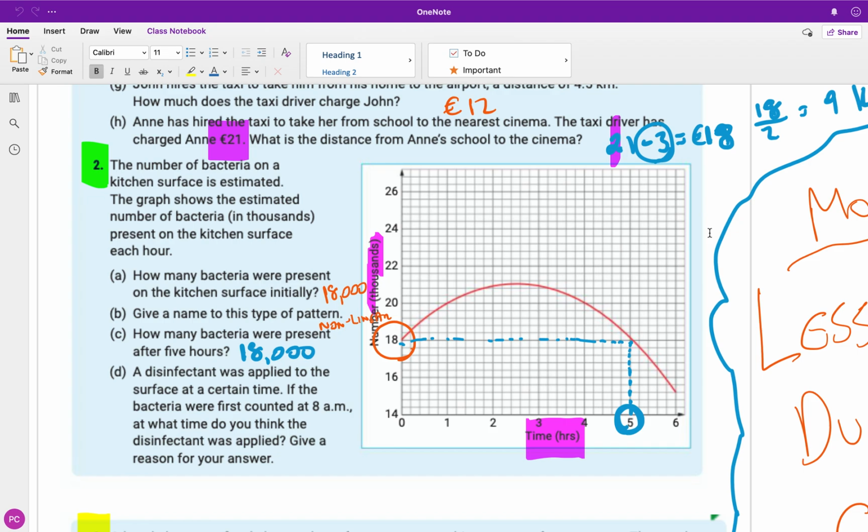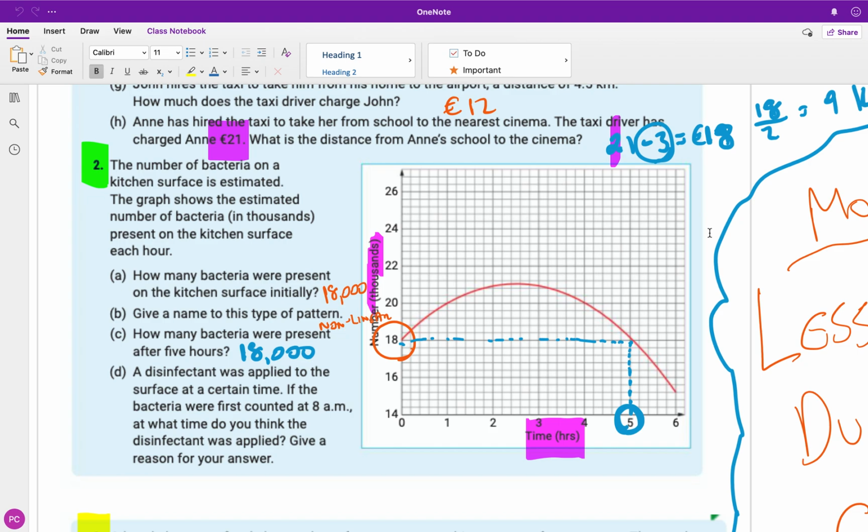A disinfectant was applied then, right? If the bacteria was first counted at 8 a.m., what time do you think the disinfectant was applied?